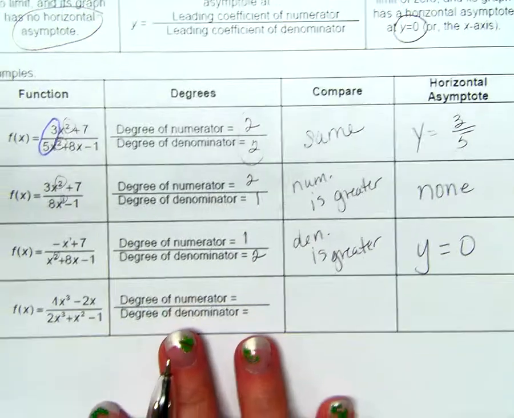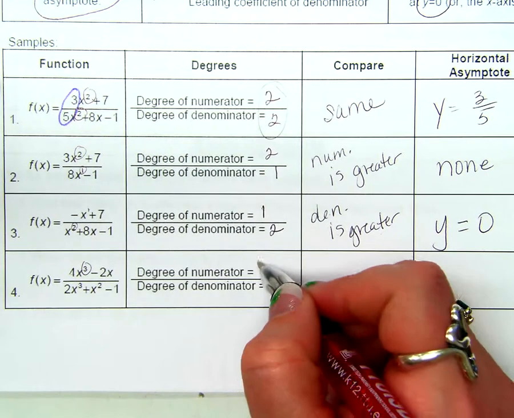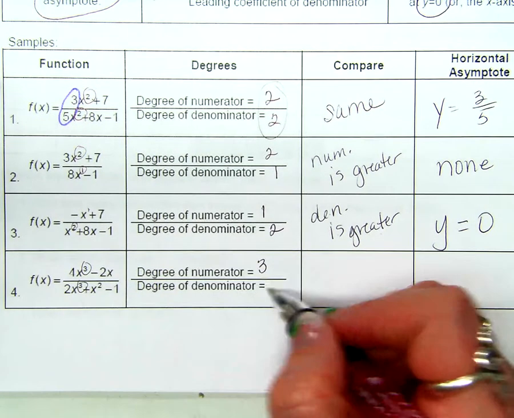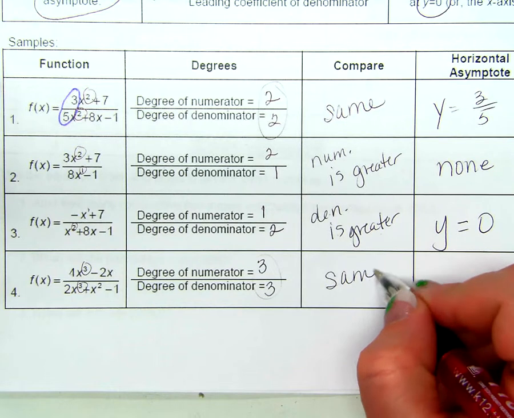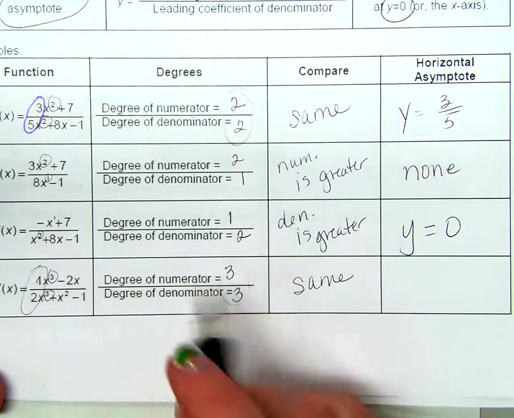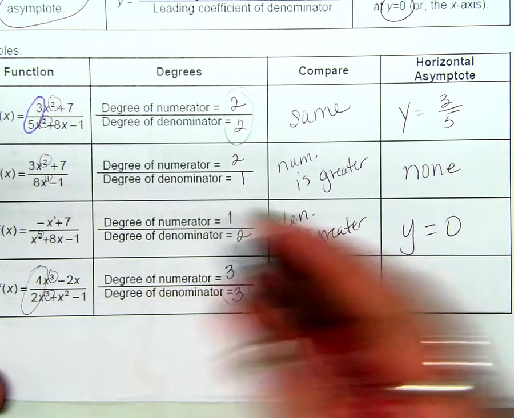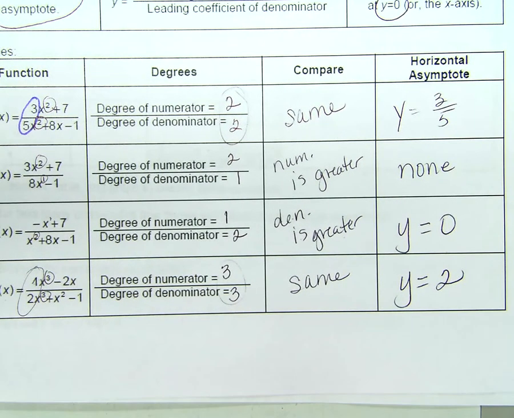Okay? And the last one, degree of the numerator is 3. Degree of the denominator is 3. That makes the degrees the same, which means we look at the front, which gives us y equals 4/2, which means y equals 2. Okay?